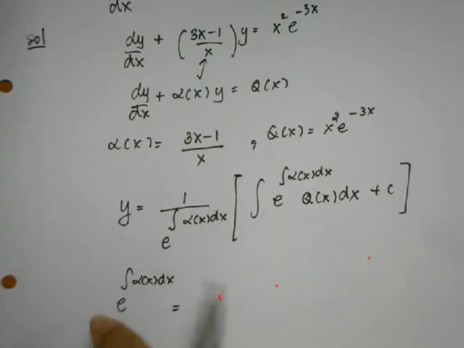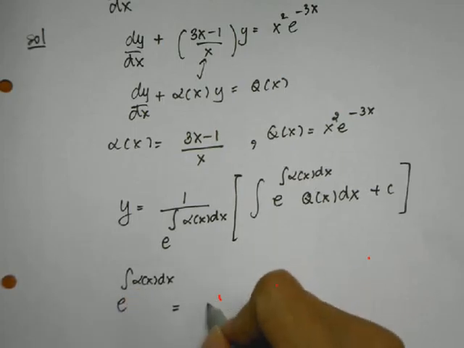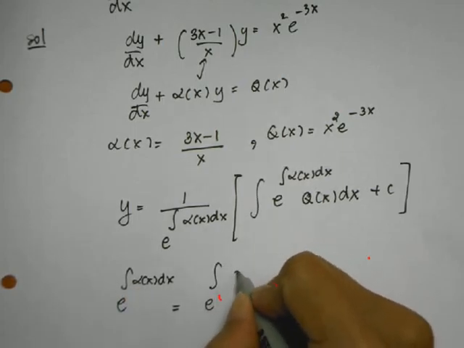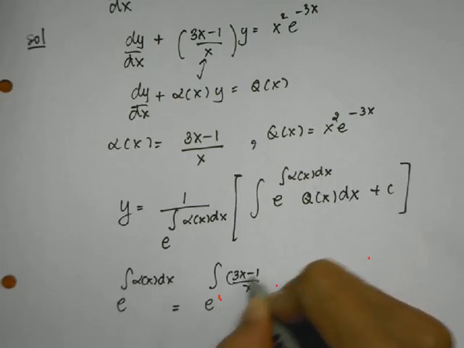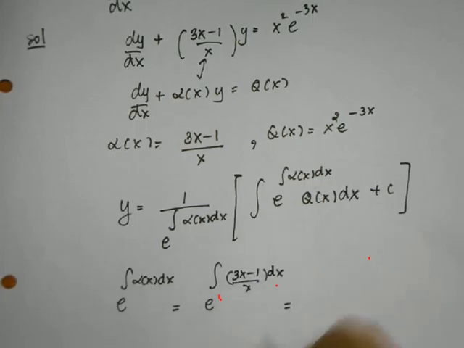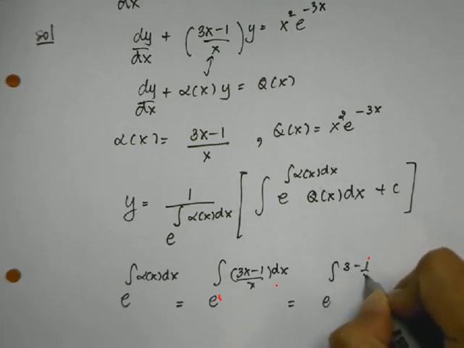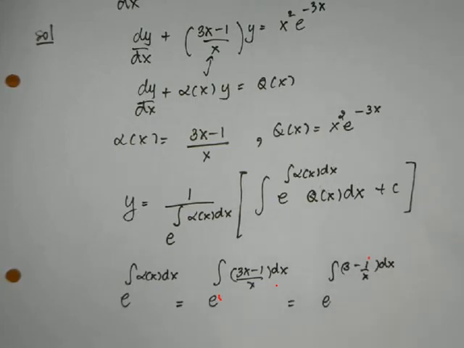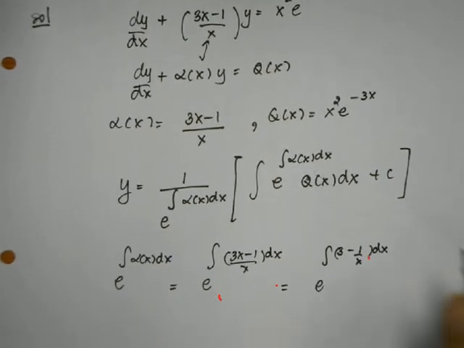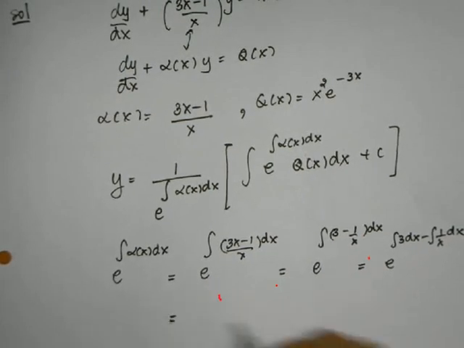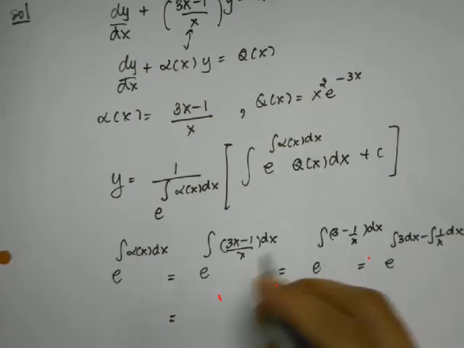So the integral of alpha(x) dx is equal to what? It is the integral of 3 dx minus the integral of 1 over x dx, right? The first term, what do you get?